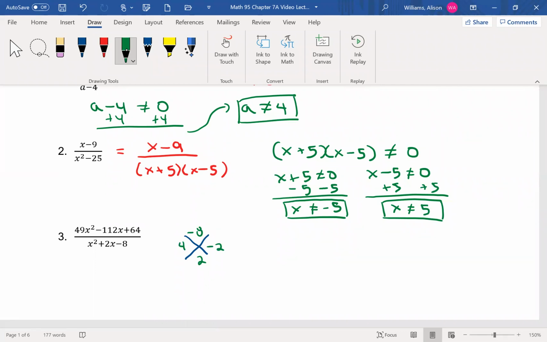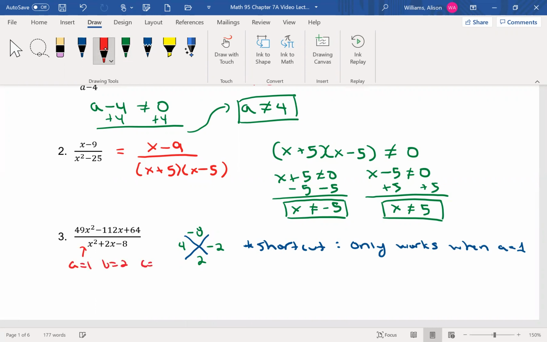Okay, now I'm going to show you a brand new shortcut for factoring. But this shortcut only works when a equals 1. And I'm referring to a being the first term here, where a is 1, b is 2, c is -8.